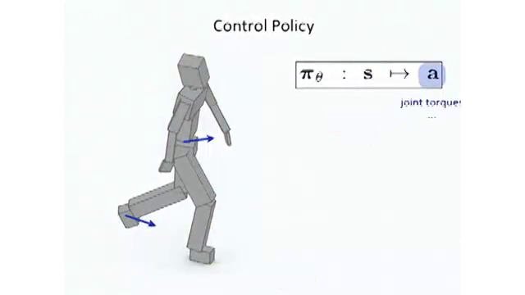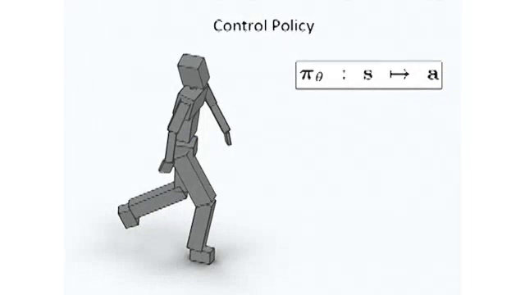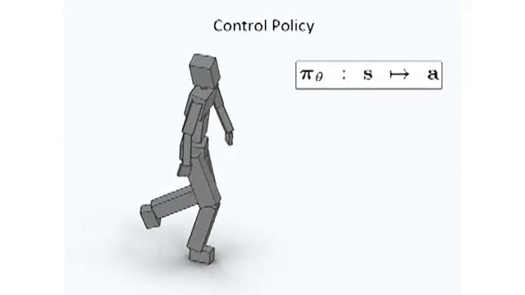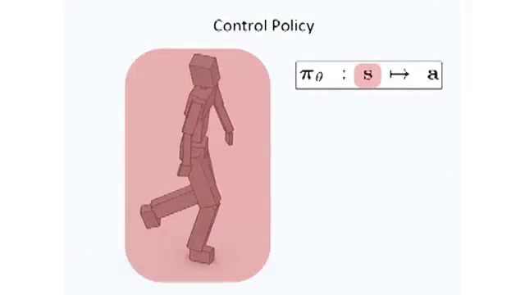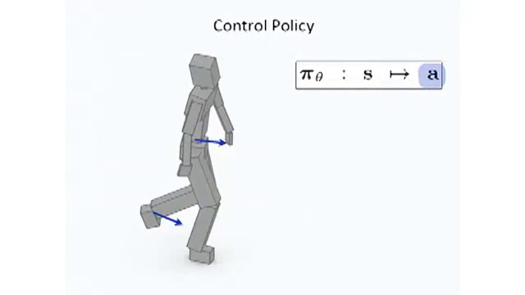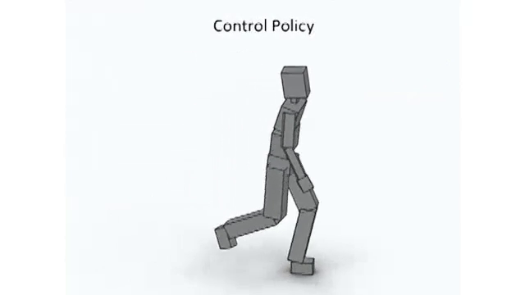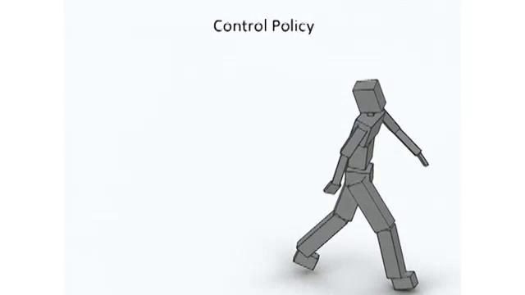And it's going to output some actions, for example, all the individual joint torques applied to the character. We apply those joint torques, and we end up in a new state. Once again, we can query the policy repeatedly, take a look at the state, the policy will output an action, and if we keep repeating this, we're going to get the behavior of the character that will satisfy the tasks that we want.